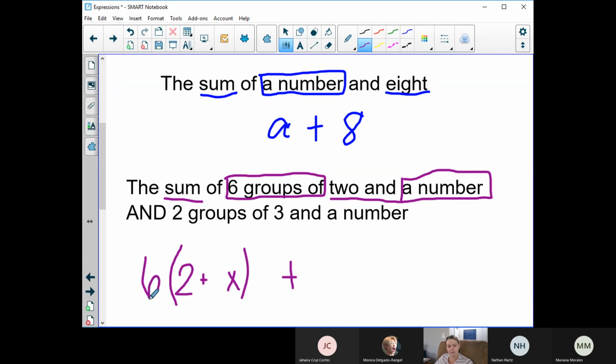So if I have 6 groups of 2 plus x, I am doing 6 times 2 plus x. Does that make sense? Any questions about that? Okay, what questions? Yes, it makes sense, or yes, you have questions.